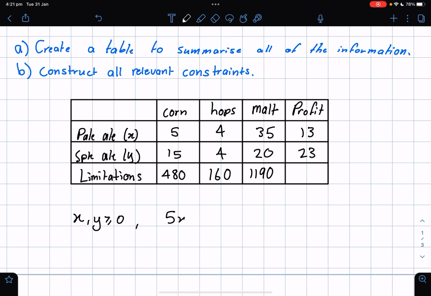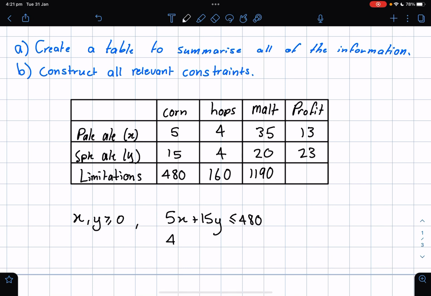So 5X, because there's 5 kilograms of corn for pale ale, which is X, plus 15Y for sparkling ale. Now, the brewery only has 480 kilograms, so it has to be less than or equal to that value, all right? If it's saying at least, then it would be greater than or equal to, but because we can't go over that value, we say less than or equal to. All right, so that's corn.